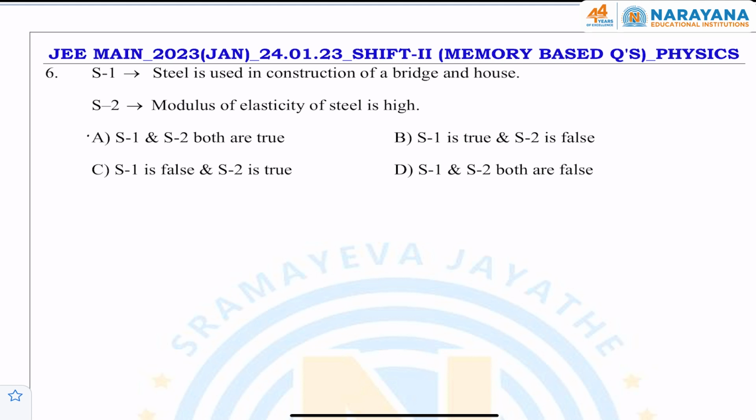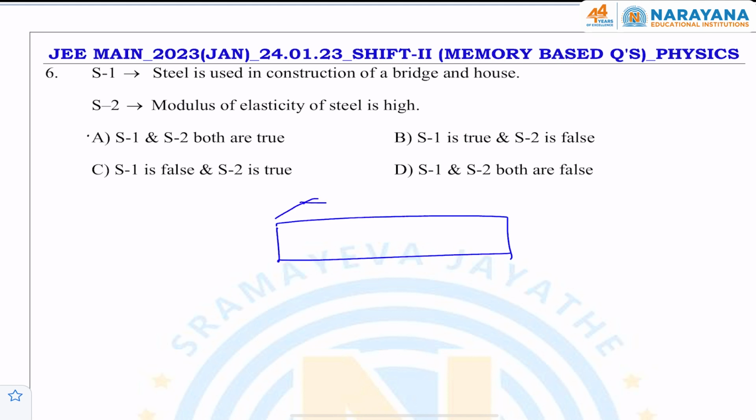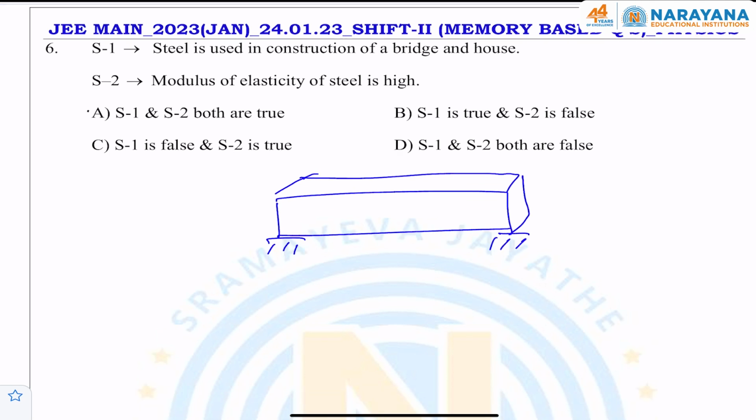For a given beam, depression produced by a metallic beam when it is supported between two rigid supports, with some weight suspended through it.